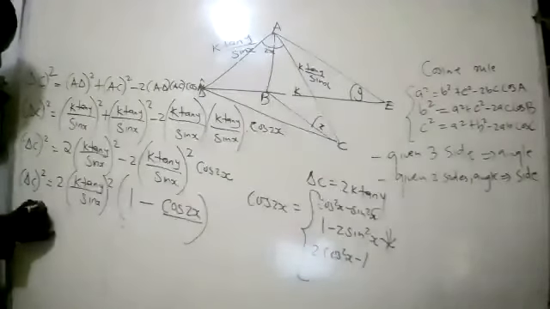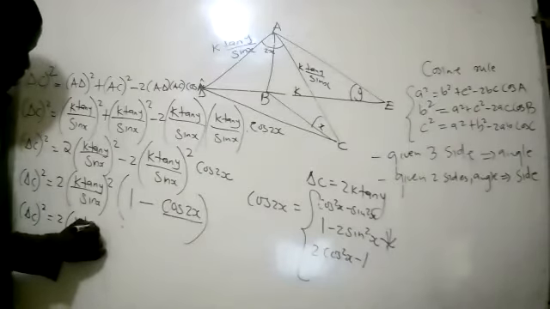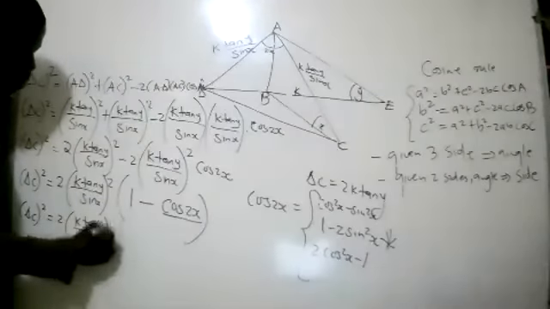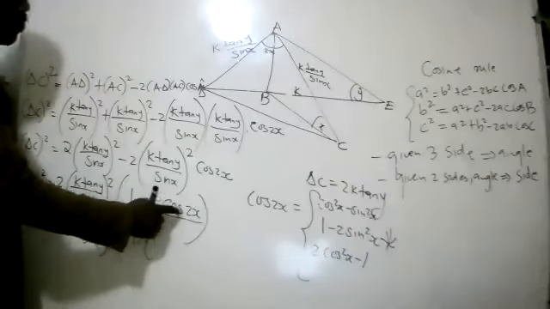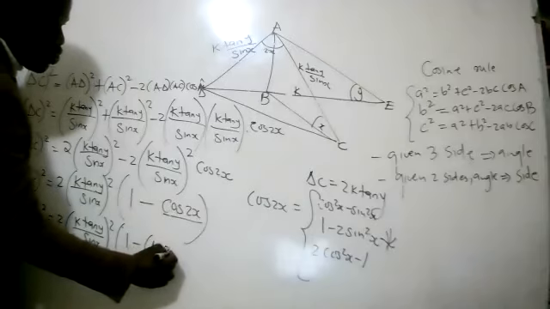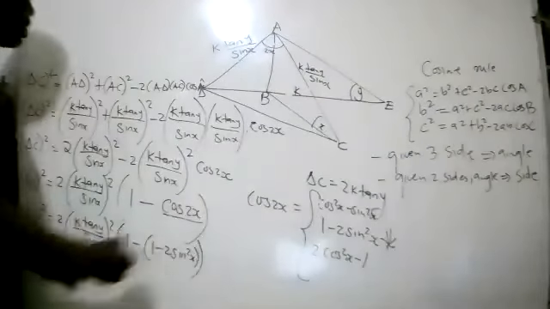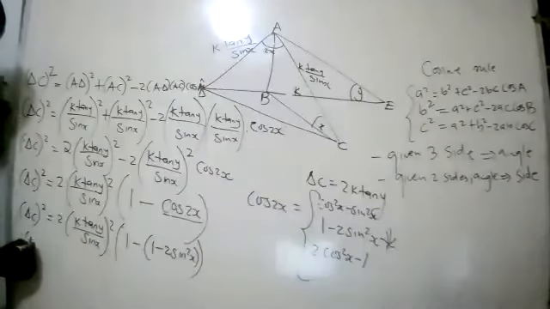So we have this squared equal to 2 into k tan of y all over sine of x, squared, into 1 minus, then here where we have cos 2x, we substitute 1 minus 2 sine squared x, like this. And then we simplify further.